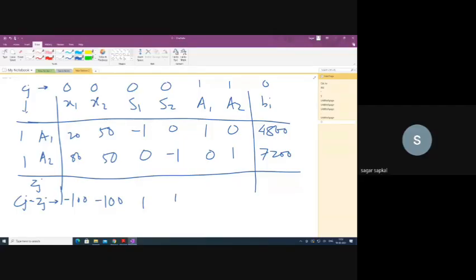Here it will be again plus 1, here it will be minus 1, and here it will be 0. Here also 0. And you need not calculate Cj minus Zj below Bi. Okay, this much is okay?